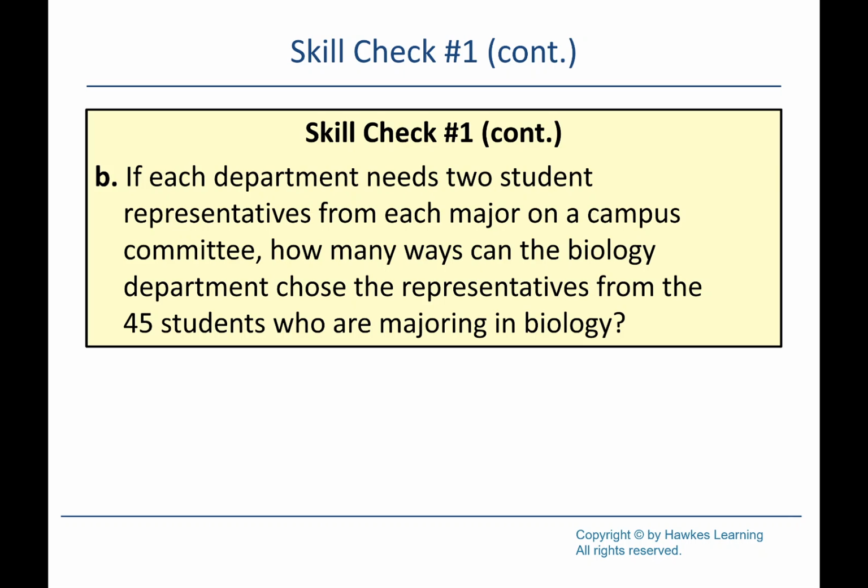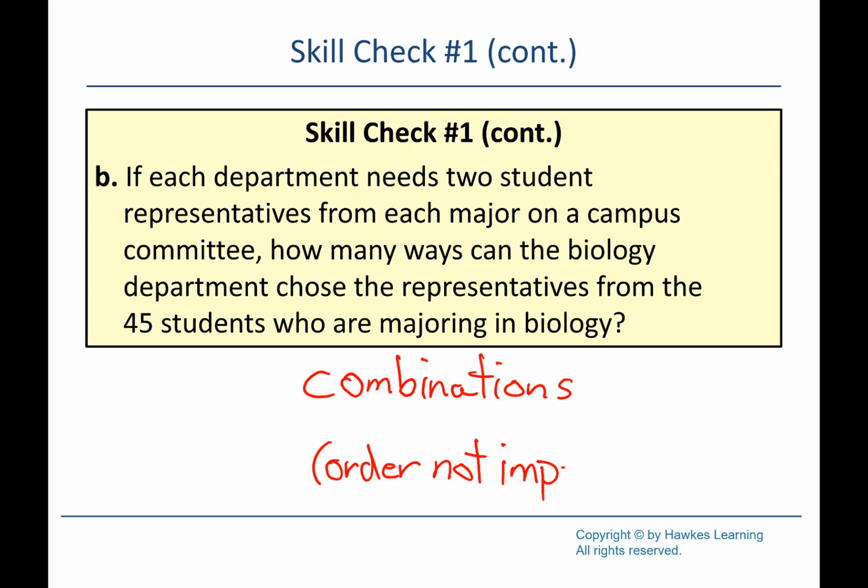The first person's going to be on the committee, the second person's going to be on the committee, so it doesn't really matter which order they choose them in. So on this one, we would use combinations. Okay. Order's not important there.